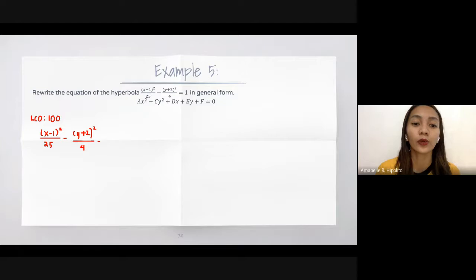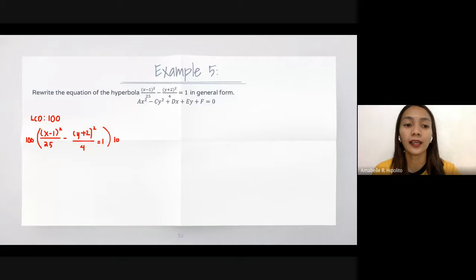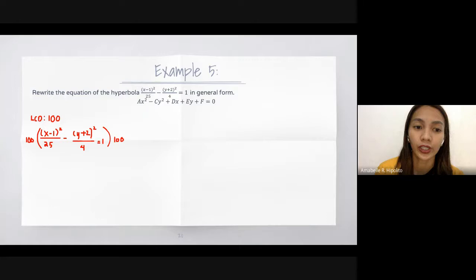We are going to multiply both sides by the LCD, which is 100. And then, let's simplify. So, 100 divided by 25 is 4. So, we have 4.